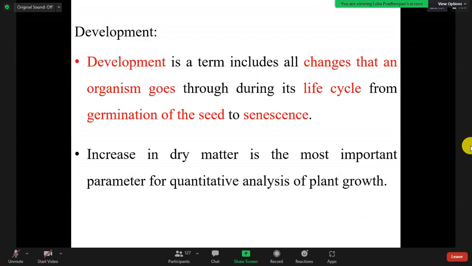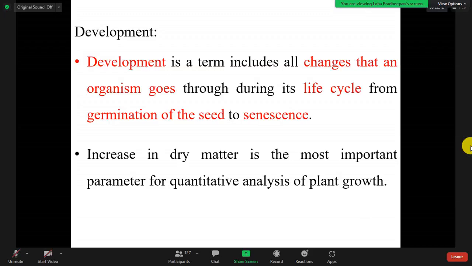Then we will move to development. Development includes the changes that happen in the organism throughout its life cycle, from the germination of the seeds up to senescence or maturation.